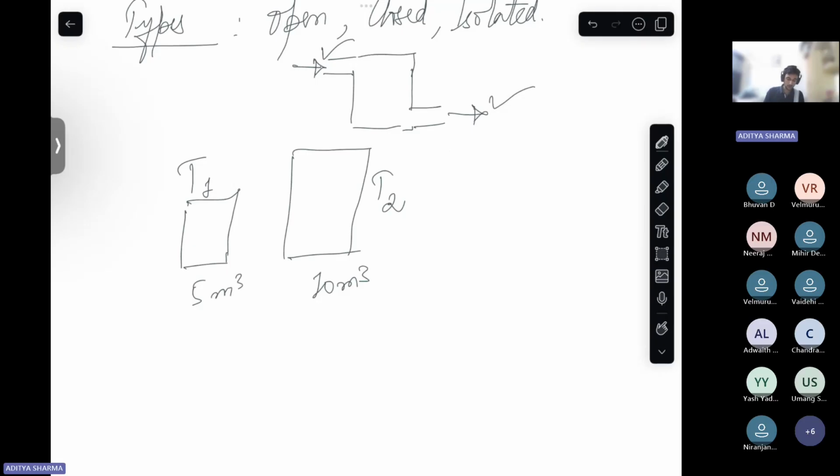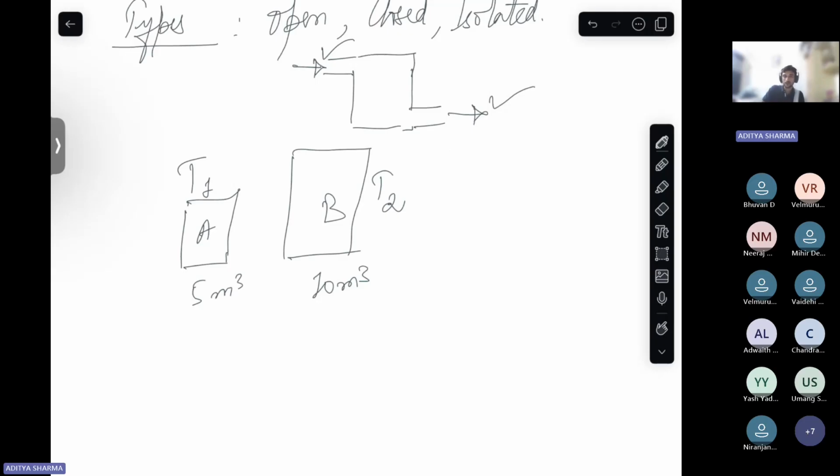Because container B is greater in terms of volume than container A, it doesn't mean the temperature will be high for container B, right? The temperature of the matter in both the containers can be the same.